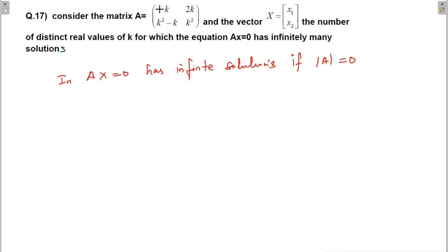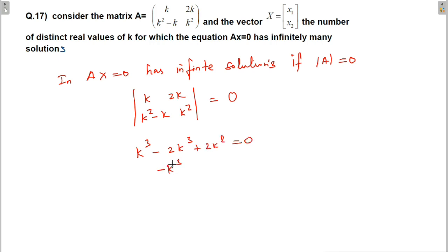So from that, you may get k into 2k, k square minus k square equal to 0. If you find the determinant, you may get k power 3 minus 2 k power 3 plus 2k square equal to 0.